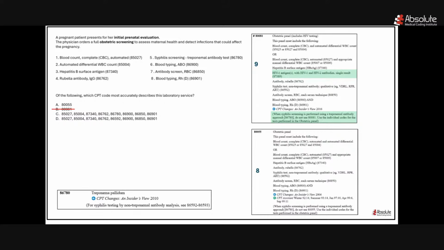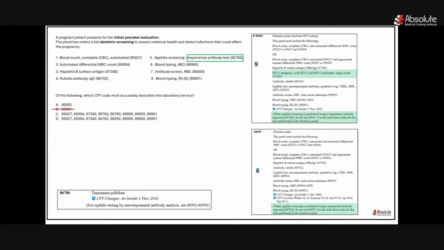And in our scenario, the syphilis screening was performed using a treponemal antibody test, right? The same guideline applies to 80055 as well. Over here also it's mentioned when syphilis screening is performed using a treponemal antibody approach, do not use 80055 as well. You have to use the individual codes for the tests performed in the obstetric panel.